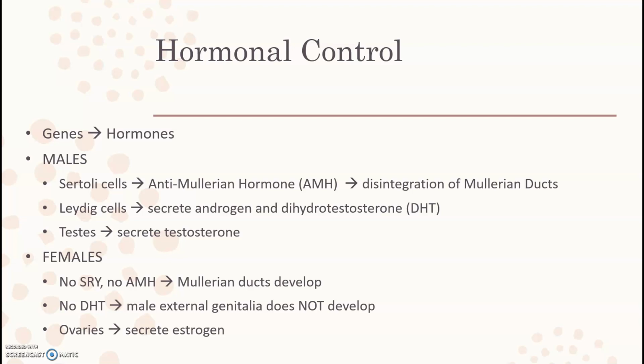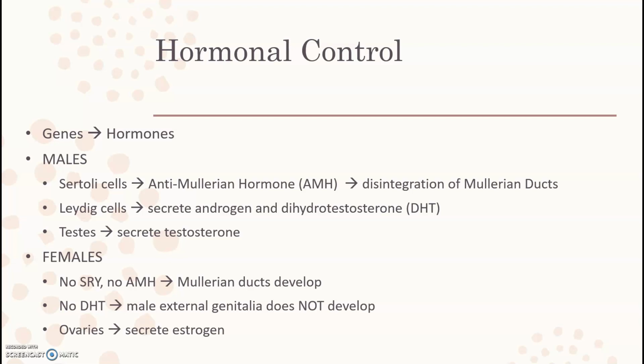which at the same time, testes secrete testosterone. Testosterone prompts the Wolffian duct to grow into the vas deferens, the epididymis, that all goes into the urethra. And so the combination of the AMH and testosterone is what causes just one pair of ducts to form.